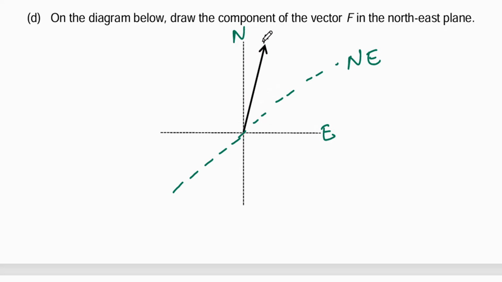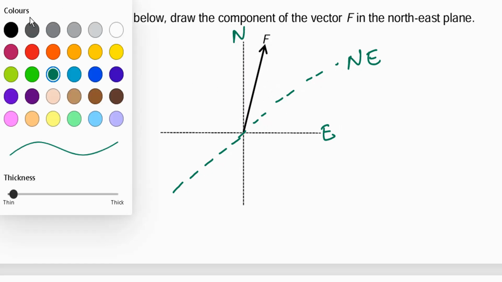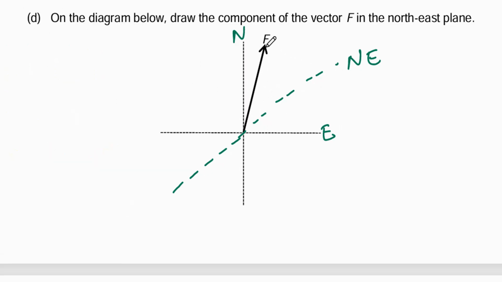Now, to find the component of this force in this northeast plane, we simply drop a perpendicular from the head of the vector onto the northeast plane. Then the component in this plane will be given by this vector here, so from the tail of the vector F to this point. So this will be the component of F in the northeast plane.